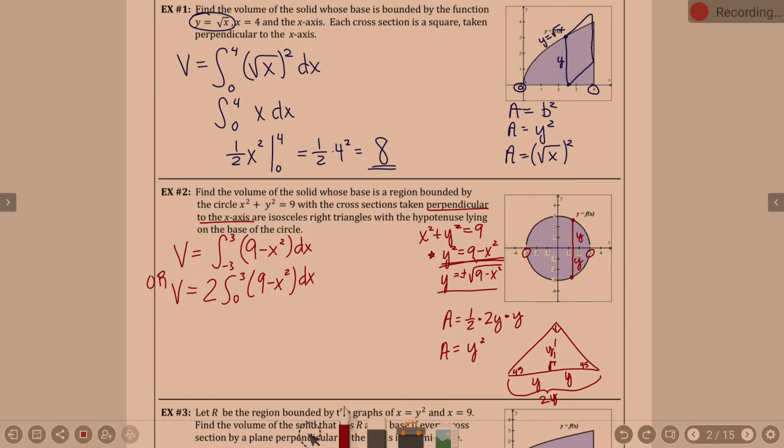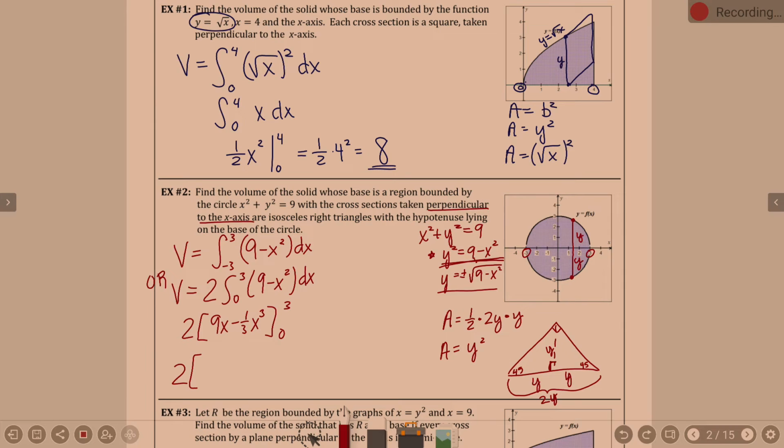And you know how to do the math from here, right? So I'm going to keep that 2 out front. I'm going to integrate. So 9x minus 1/3 x cubed, evaluated from 0 to 3. And in this one, I think it's worth it, because am I going to have to plug that 0 in at all?